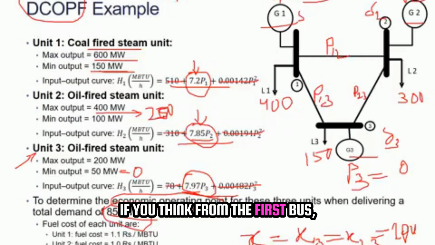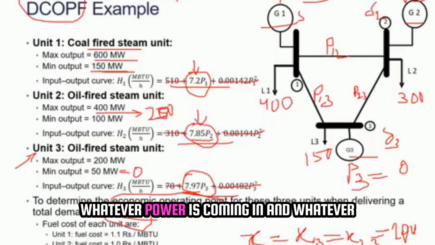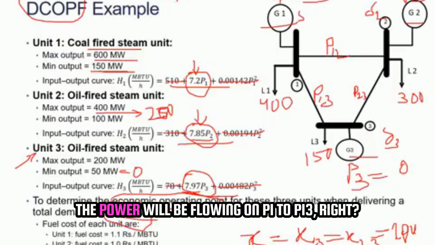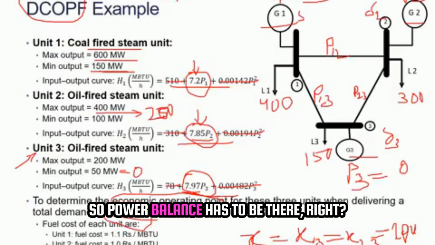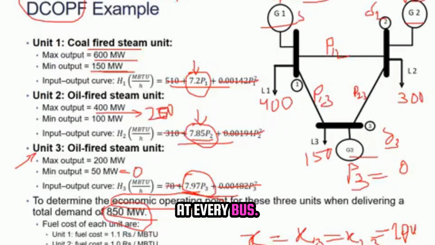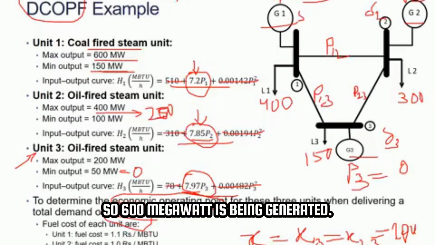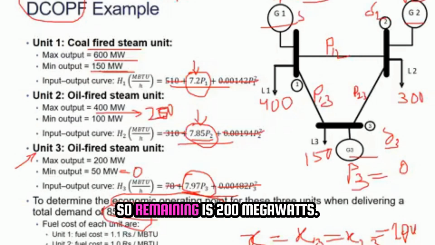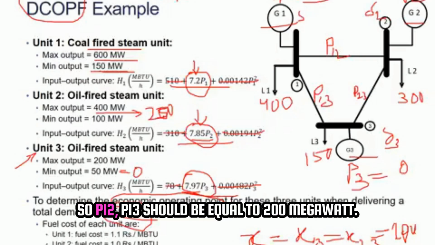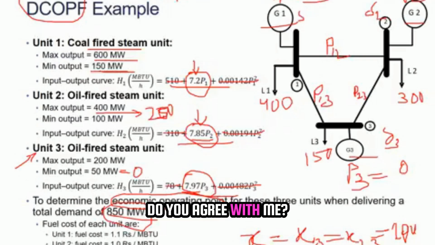If you think from the first bus, whatever power is coming in and whatever power is going out will be the power flowing on P12 and P13, right? So power balance has to be there at every bus. 600 megawatt is being generated, 400 megawatt is being withdrawn, so remaining is 200 megawatt. So P12 plus P13 should be equal to 200 megawatt. Do you agree with me?